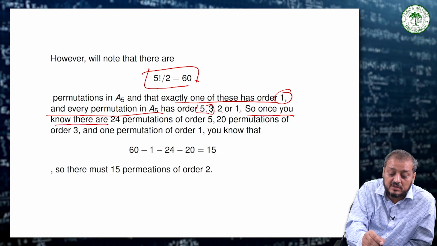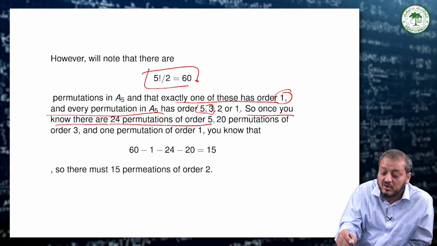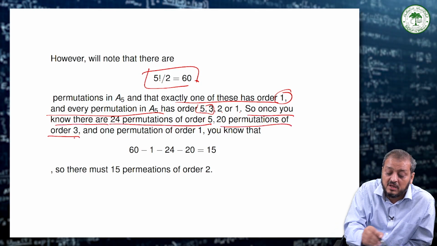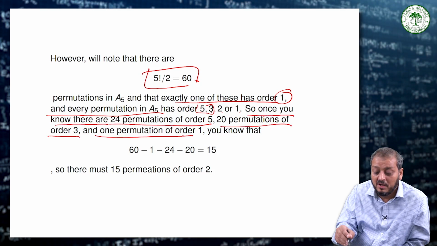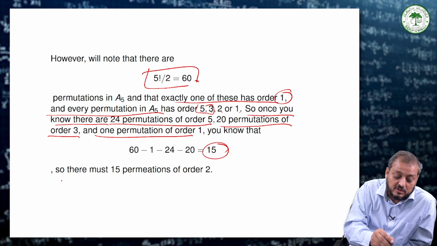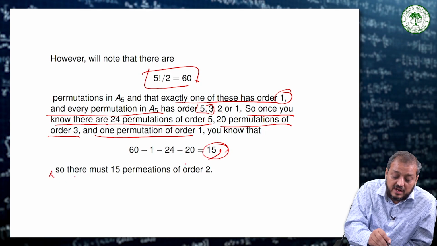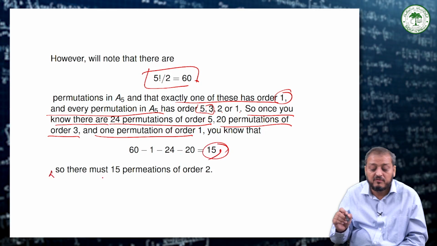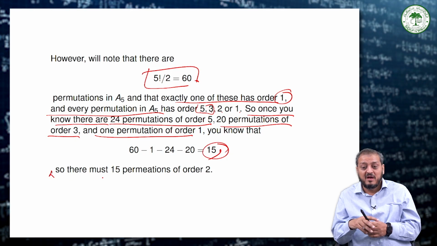Once you know there are 24 permutations of order 5, 20 of order 3, and 1 of order 1, then 60 minus 1 minus 24 minus 20 is 15. So there must be 15 permutations of order 2.